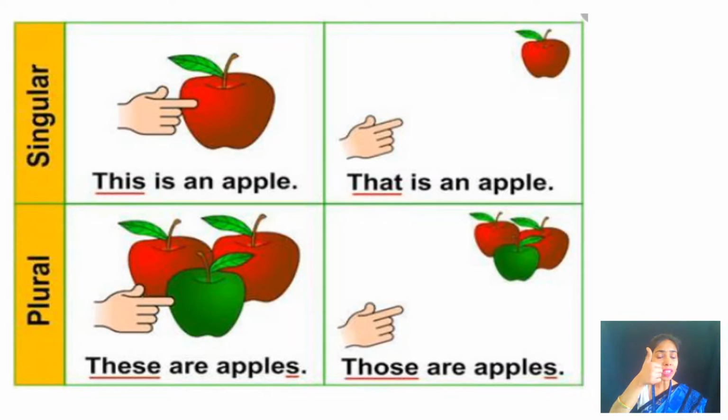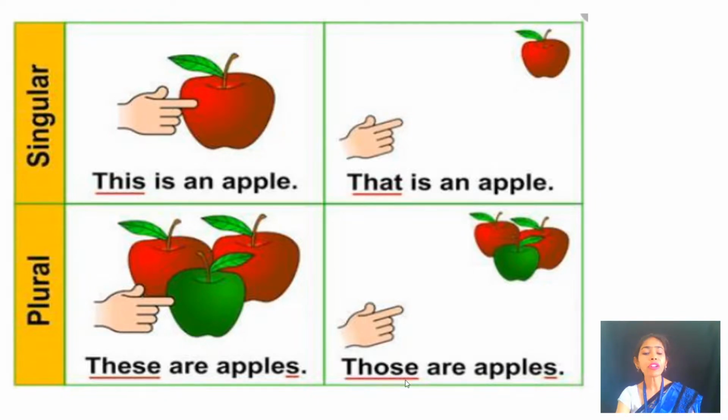So when there is a singular form, हम this या फिर that use करते हैं. But when there are things more than one, एक से ज़्यादा है, then we are going to use these or those.